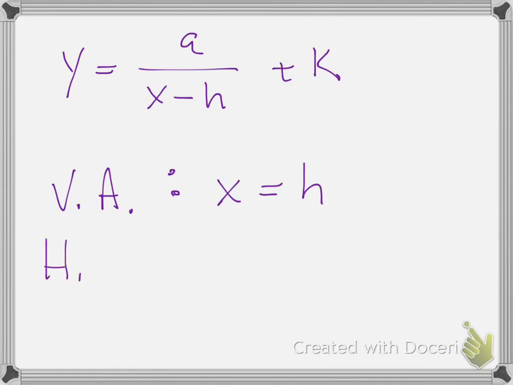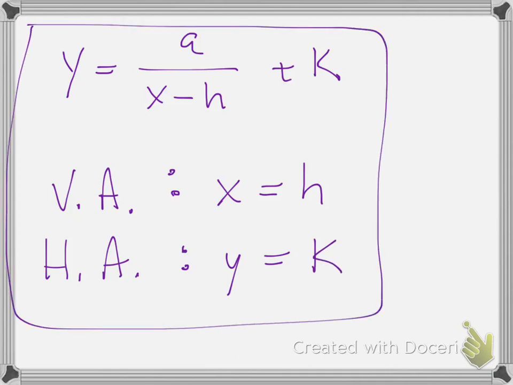The horizontal asymptote is always y equals k. So these are the facts that can help you identify the vertical asymptote and the horizontal asymptote. The shape's always going to be the same as the shape of our parent function, which is just our good old inverse variation that we looked at before. Any questions?